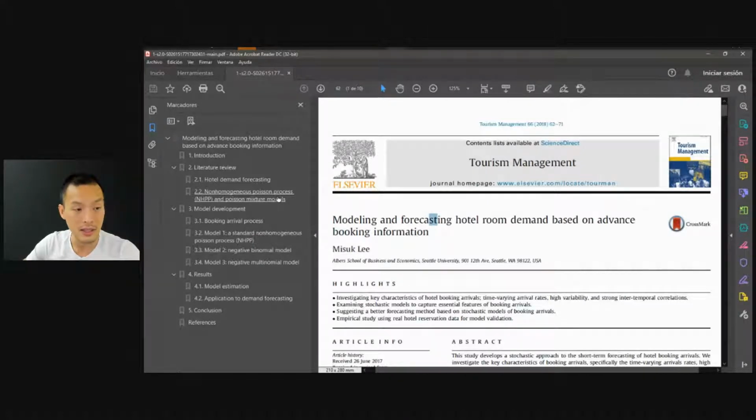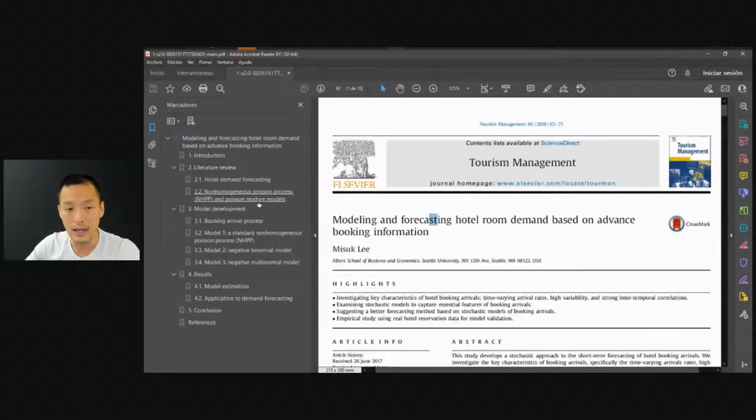But you know immediately that this paper wants to talk about hotel demand forecasting, and the method they're going to use is this NHPP and Poisson mixture models thing, or the methods that people have used in the past. So even without having read it, you know that this model is what people have been doing. And then they go into model development. So then you know that the third part is going to talk about how their model is better than the NHPP and Poisson mixture models, whatever that is.